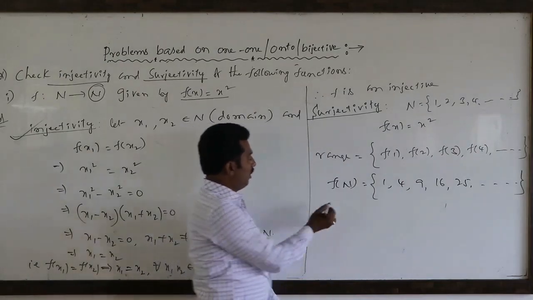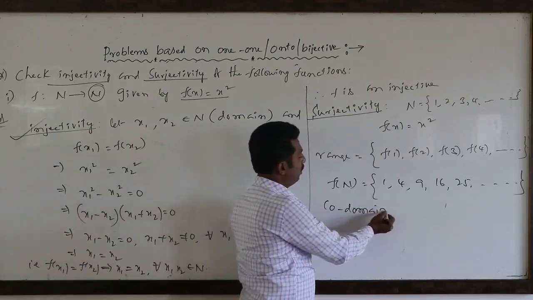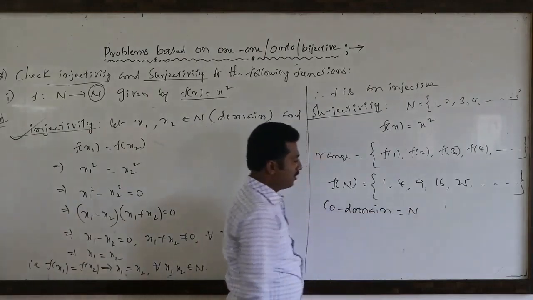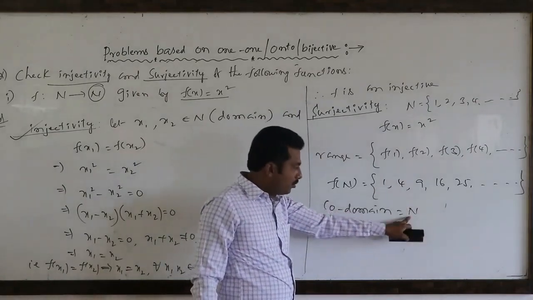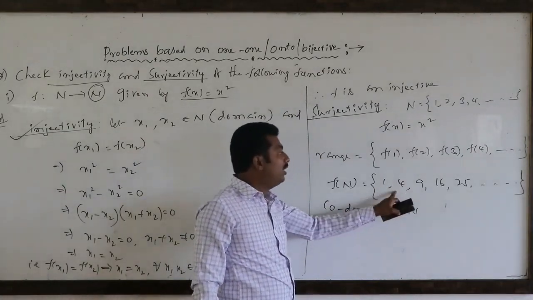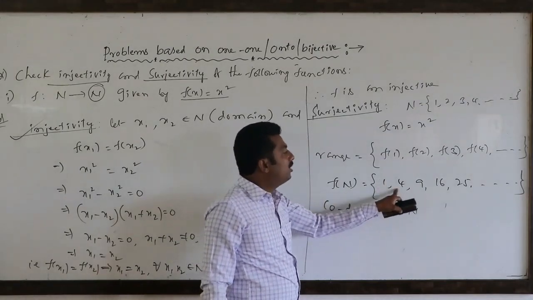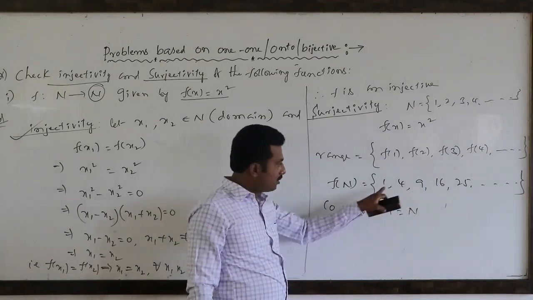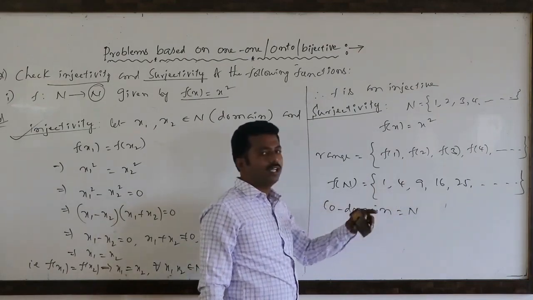What is the codomain? The set of natural numbers. See here, this range is also made of natural numbers, and the codomain is also natural numbers. But in this set, some of the natural numbers are missing: 1 is there, 2, 3 are not there, 5, 6, 7, 8 are not there.